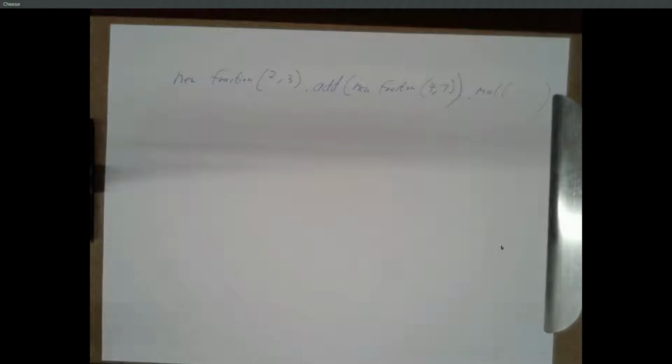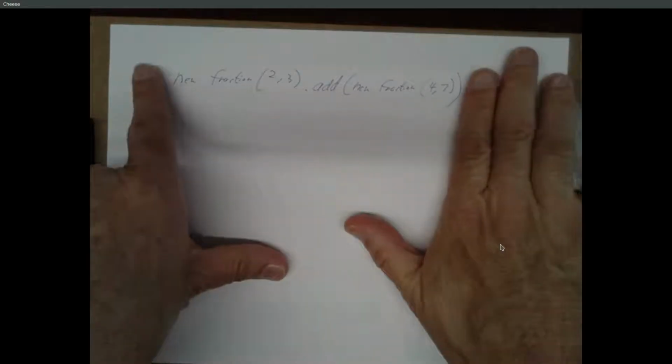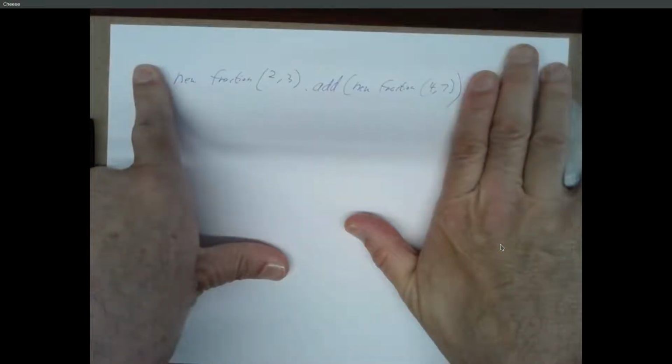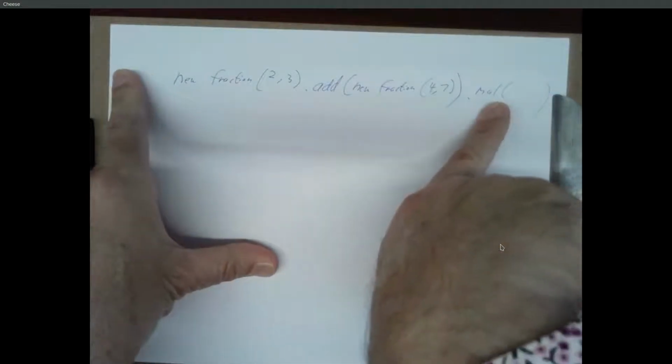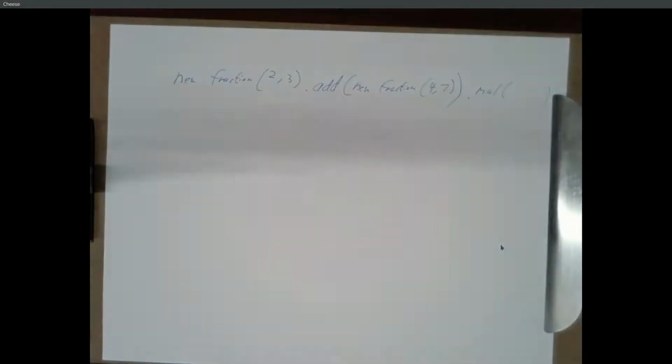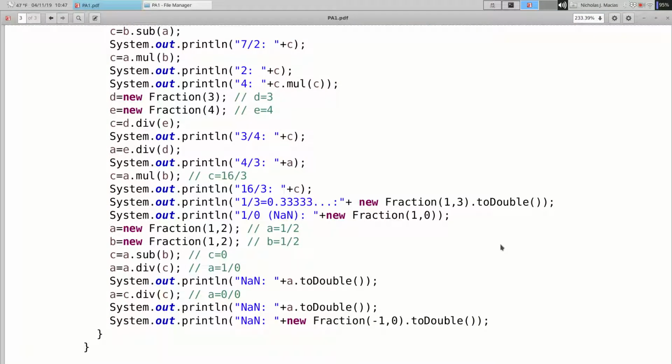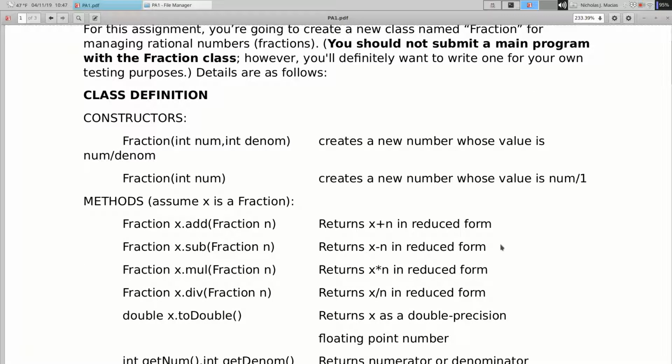It's not the prettiest way to write it. It's nicer to just have plus and star, but this is a fraction, right? It's an object. So anything that we can do with a fraction, we can do with this. So we can call mul or toDouble or toString or whatever.